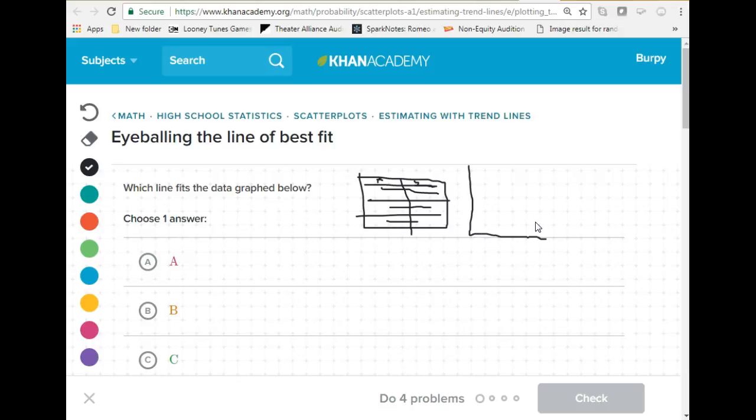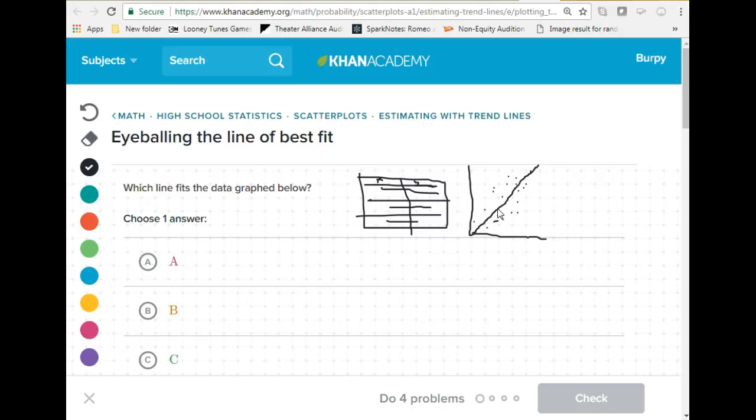So, basically, just think that this is what everything here says. So, the line of best fit would probably be something like this.